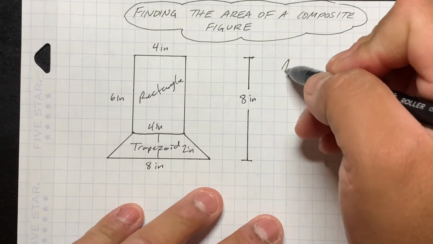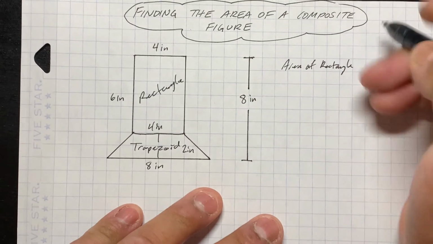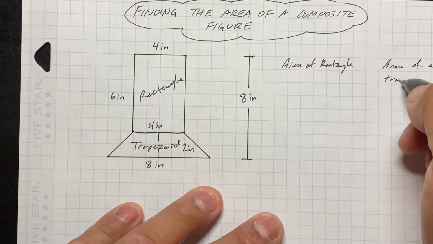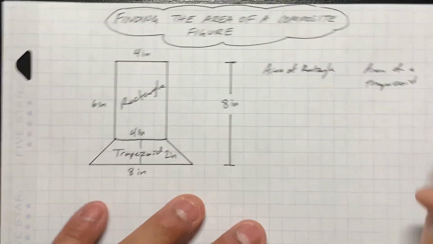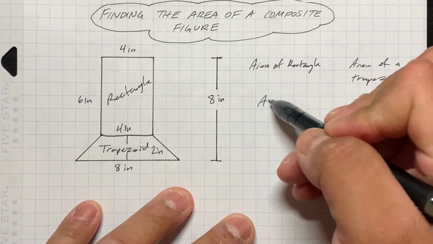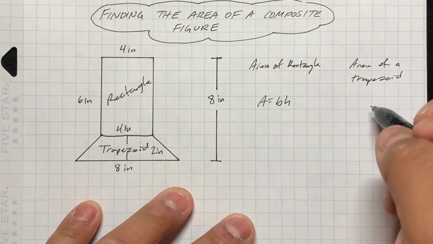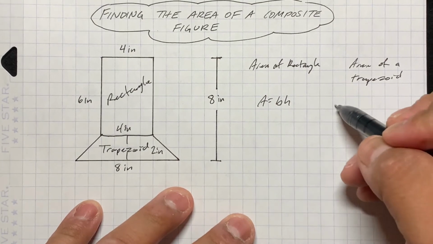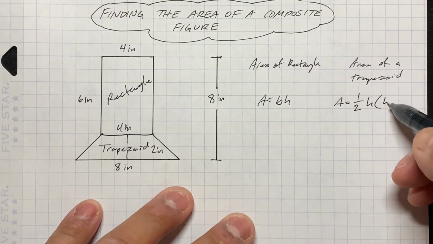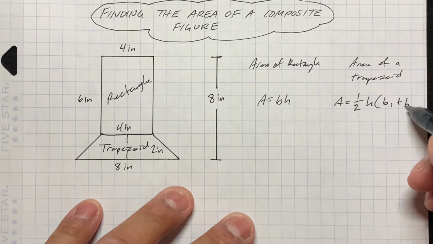So what we're going to need is the area of a rectangle and the area of a trapezoid. The area of a rectangle is going to be area equals base times height. The area of a trapezoid is going to be area equals half times the height, multiplied times base 1 plus base 2.